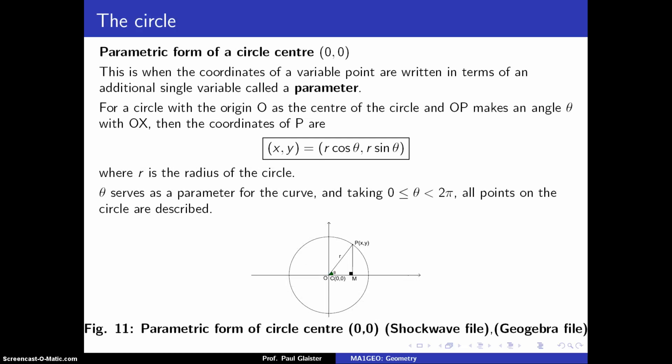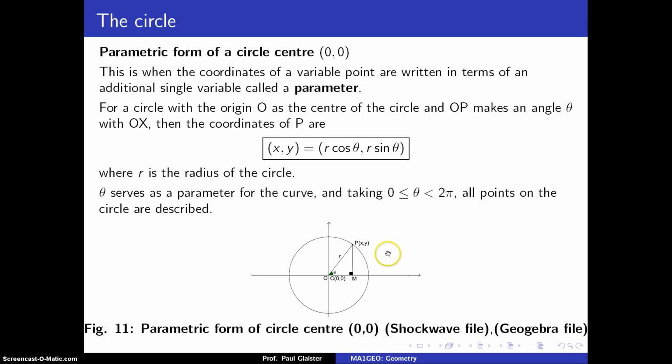Now, some of the curves that we will look at later on are much more conveniently described in terms of a parameter. So just to introduce the idea of a parametric form, which will be familiar to you, particularly in calculus, rather than relating x and y through some Cartesian equation, instead one can pick a single parameter which, when varied, represents all points on the locus.